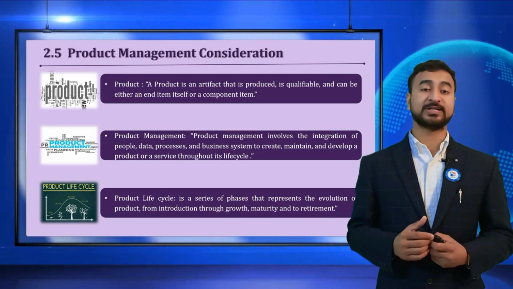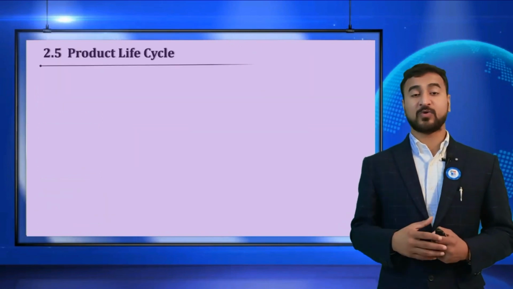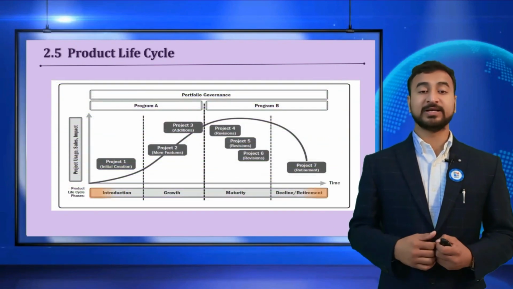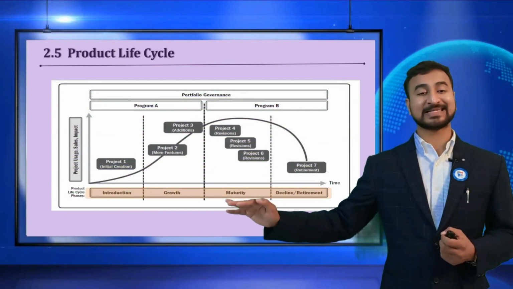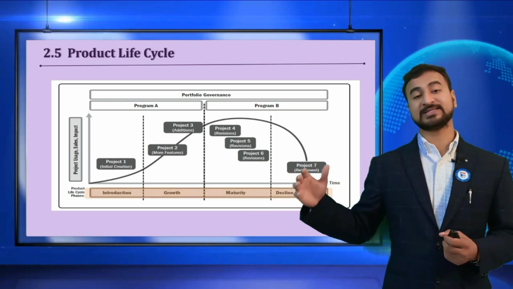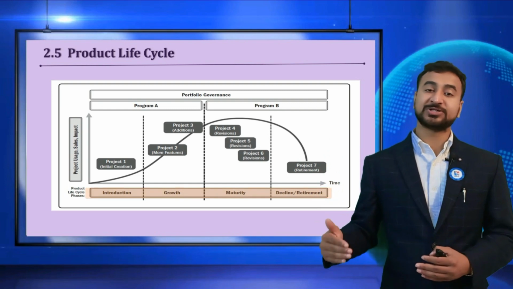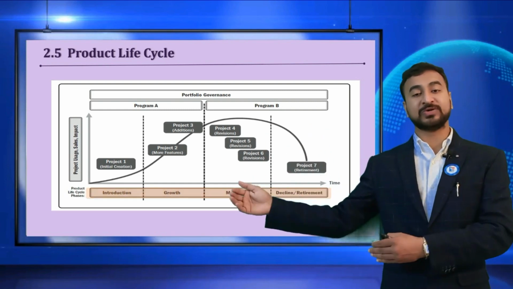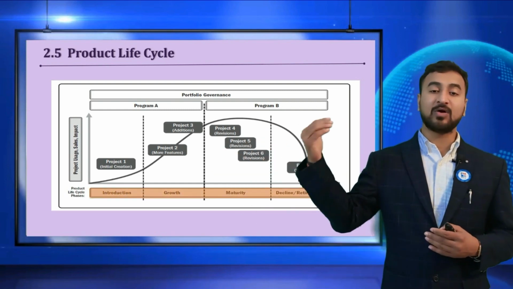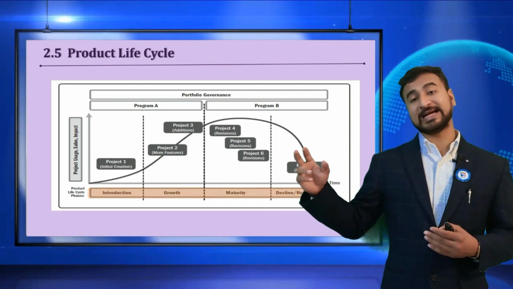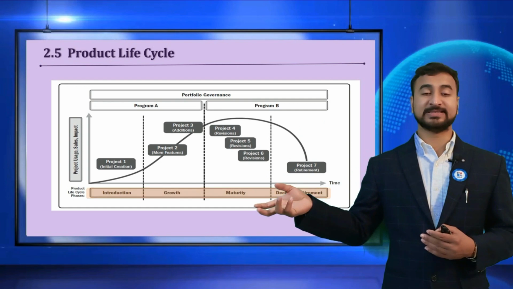So let's discuss the product life cycle. This is a very important thing from the point of view of PMBOK version 7. As you see over here, there are two axes. The x-axis represents the time, in which the different phases of the product life cycle run from introduction, then growth, then maturity, and finally retirement or decline of that particular product. And at that time, sometimes a new product will be introduced.